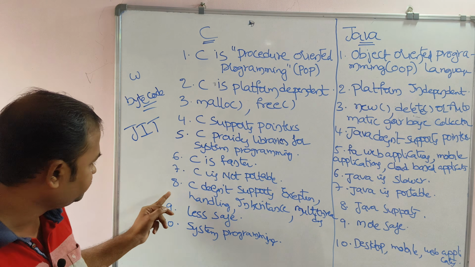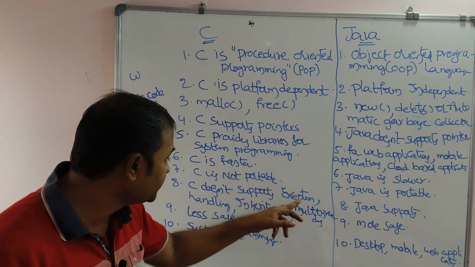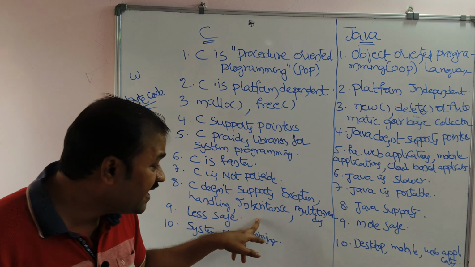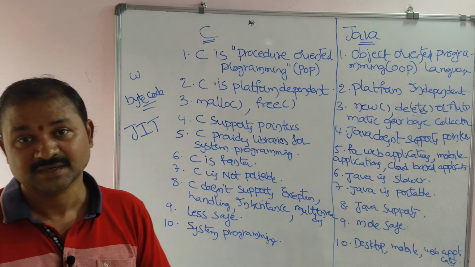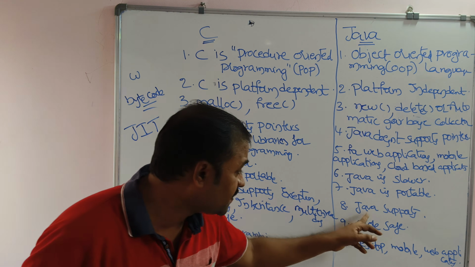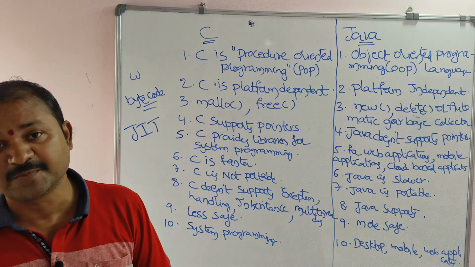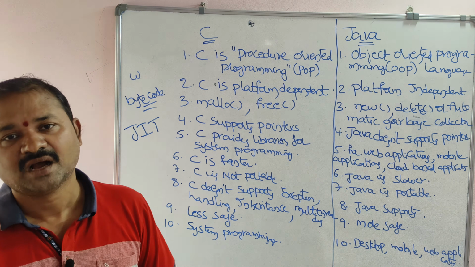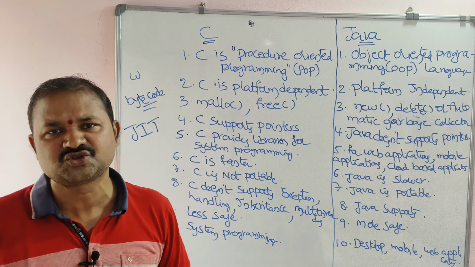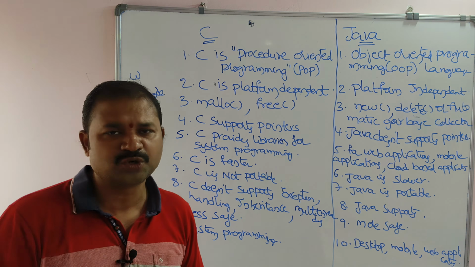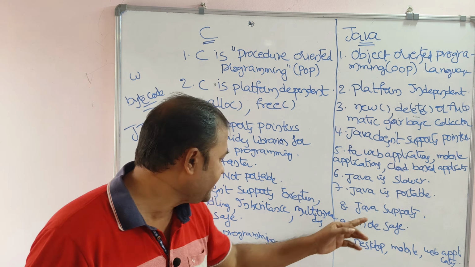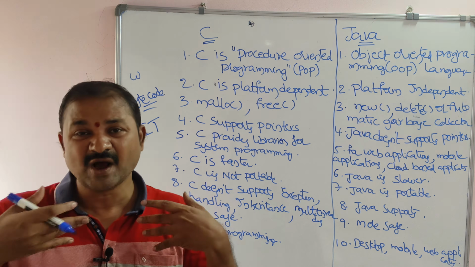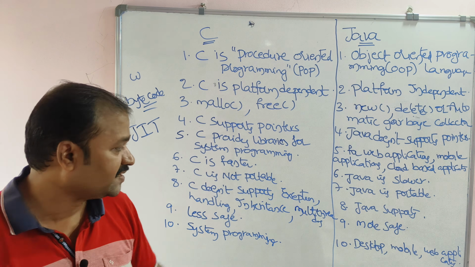Next point, C doesn't support exception handling, inheritance, multi-threading. All these concepts are supported by Java. Java supports exception handling with the help of try, catch, throw, finally. It supports inheritance, with various inheritance techniques.